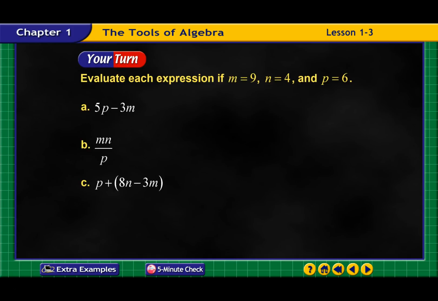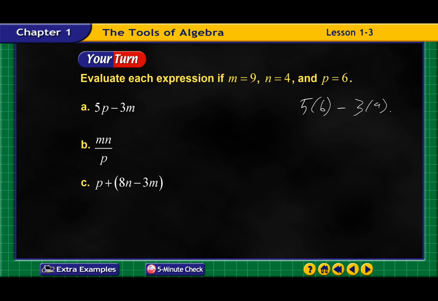All right, try these, pause it. You're going to answer them on the right. All right, so let's pop that over here. I'm going to have to substitute in first. So 5 times 6 minus 3. Let's see, m is 9.